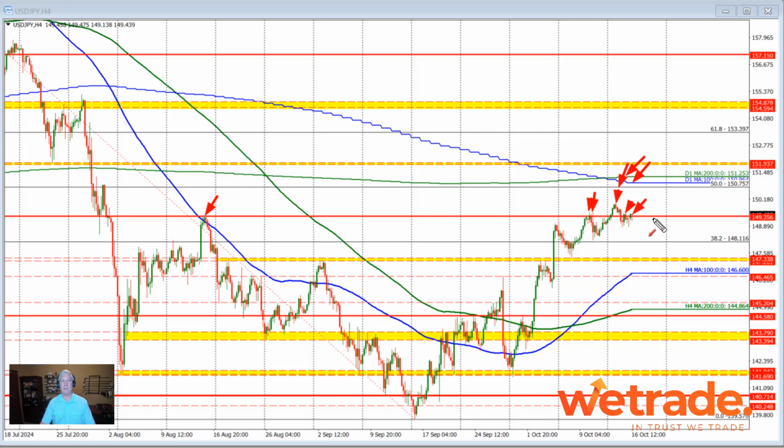We'll see how that plays out, but what we do know is that although the price has been able to get above this level, we haven't been able to stay above it. So there is a battle going on above and below the target level, which comes between the 148.89 level and this level up here, just around the 150 level.